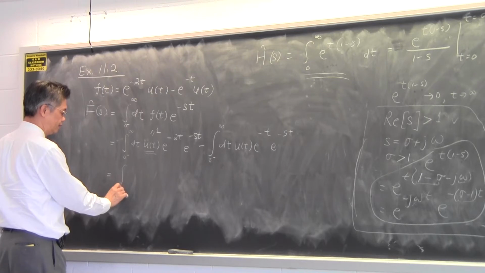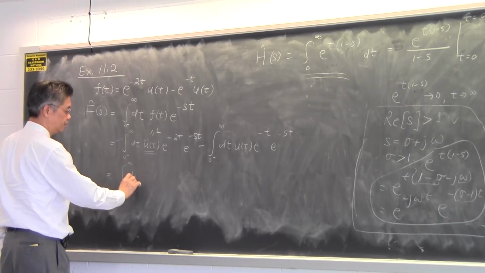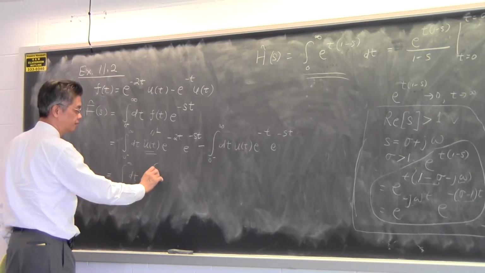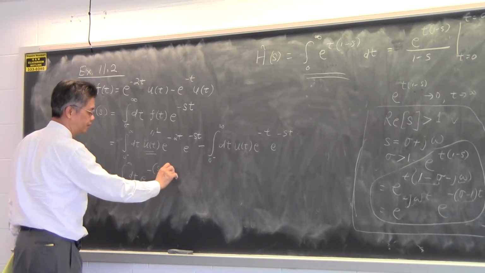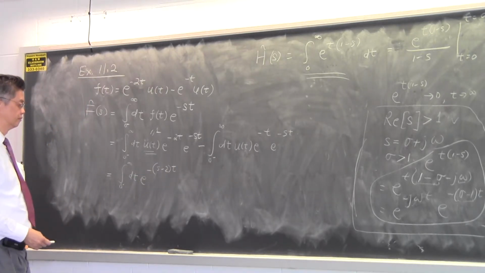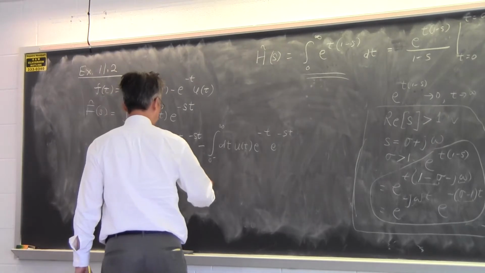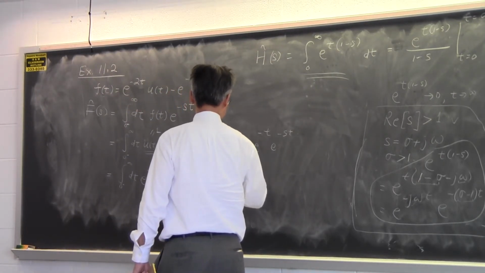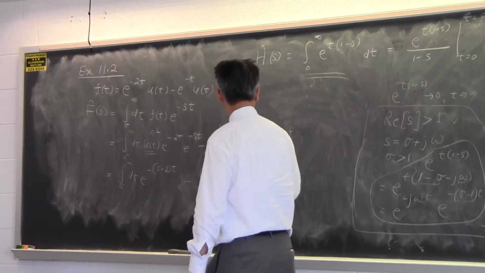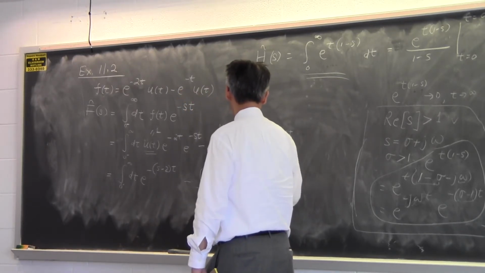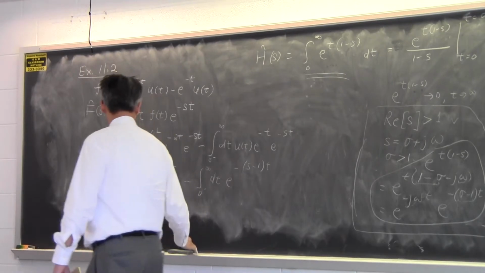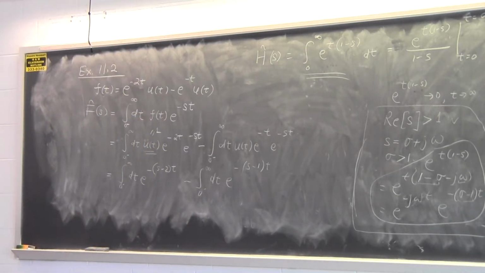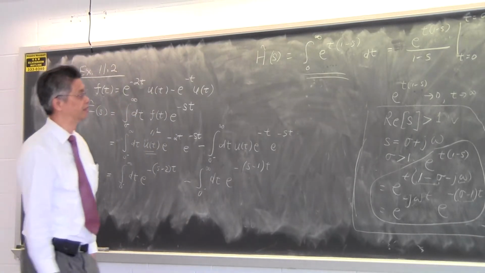Then I have to integrate e to the minus (s minus 2)t for the first one, and for the second, e to the minus (s minus 1)t, with u always 1. It is almost the same as the one over here.